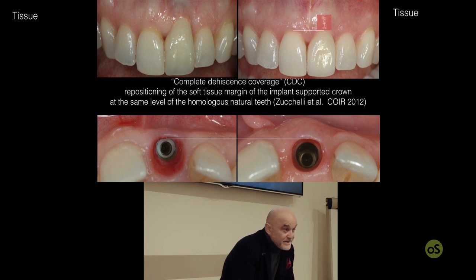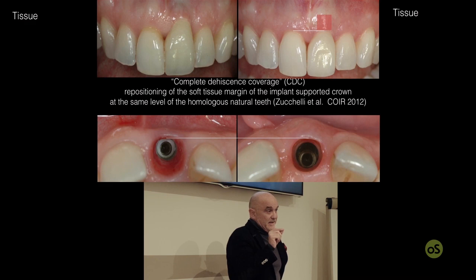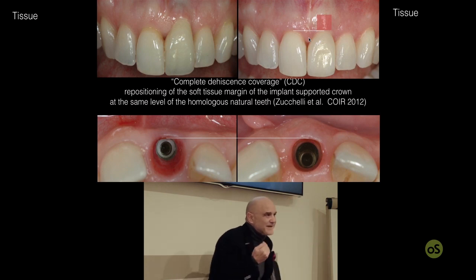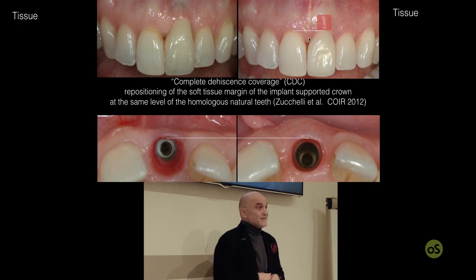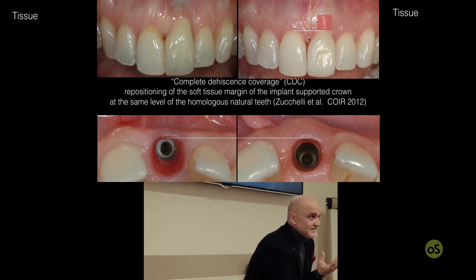The objective of the therapy is to cover. To cover what? To cover only the metallic exposure? No. It's to cover the implant-supported crown so that the soft tissue margin of the implant-supported crown is restored to its ideal position, which is the same level of the soft tissue margin of the adjacent homologous tooth. And since we want to cover also the implant-supported crown so that they are exactly at the same level of the adjacent tooth, we know for sure that we cannot achieve attachment.